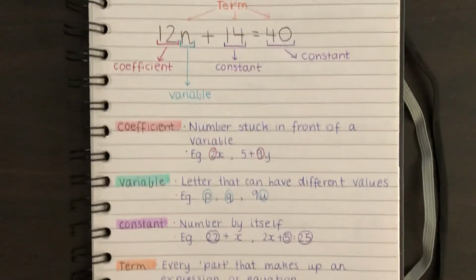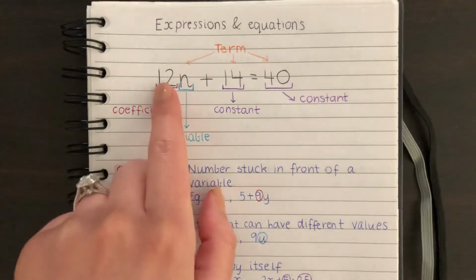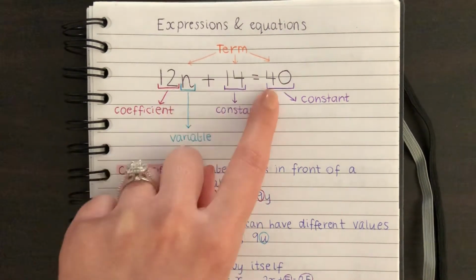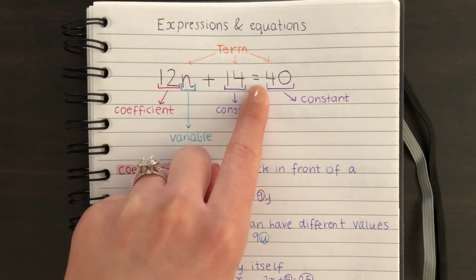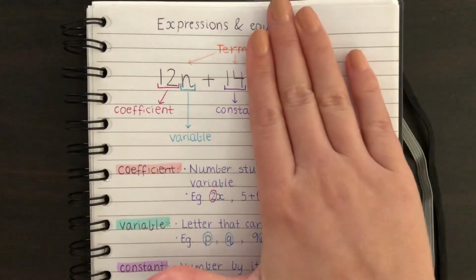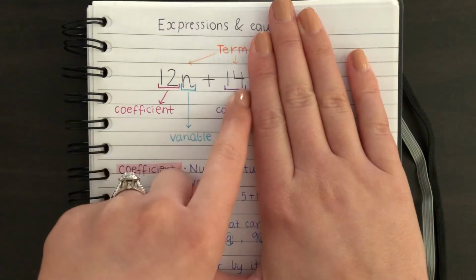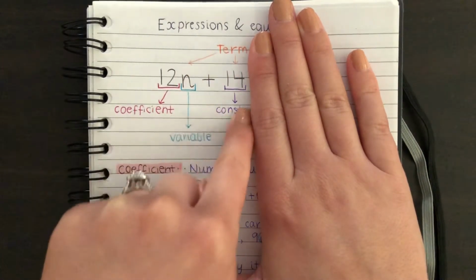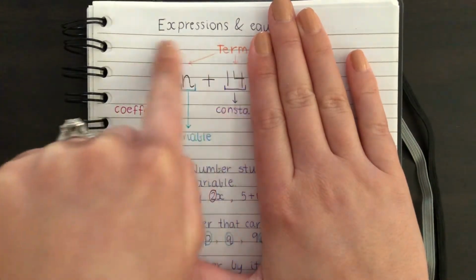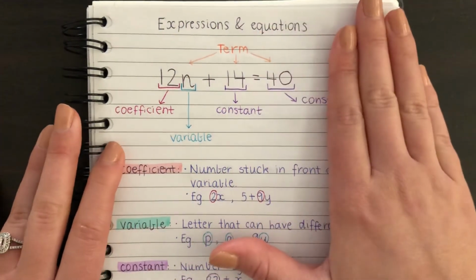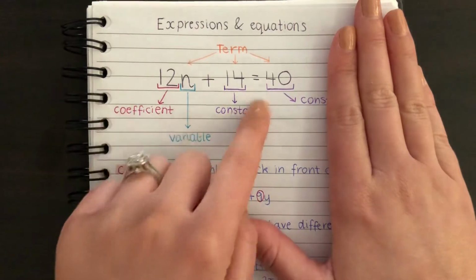That is why my example that I wrote up here is called an equation, because it has an equal sign in it. If I got rid of this part and I just had 12n plus 14, this would be an expression because there's no equal sign. But the second I make it look like this, it becomes an equation because there is an equal sign.